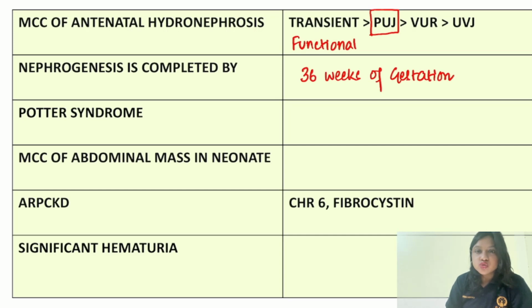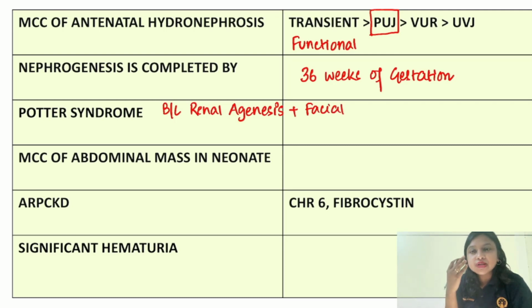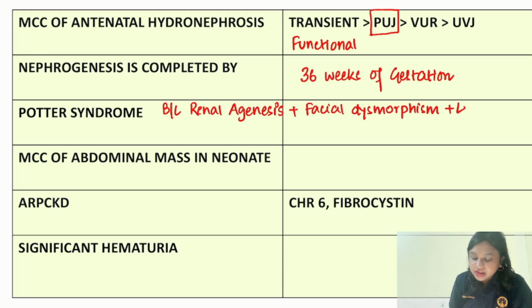Next is Potter syndrome. So it is a syndromic association where we have the following points. First is the bilateral renal agenesis, facial dysmorphism in the form of hypertelorism, epicanthic folds, there is a receding chin, okay? Limb defects.